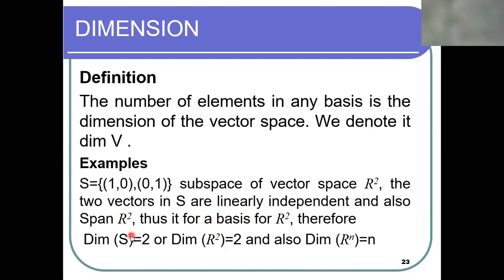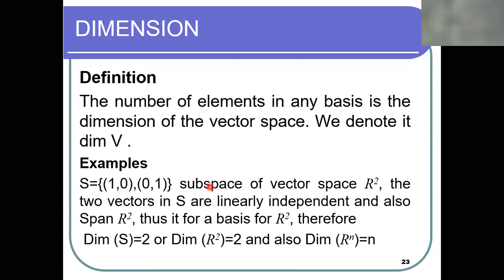So the dimension of R square is 2. Also, the dimension of Rn is n. So in that case, the number of vectors available in the basis set is 2, because it satisfies two properties: these vectors are linearly independent, and they also span R square. So the dimension is 2.